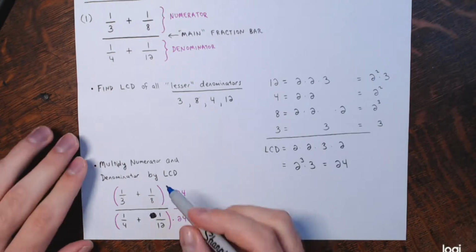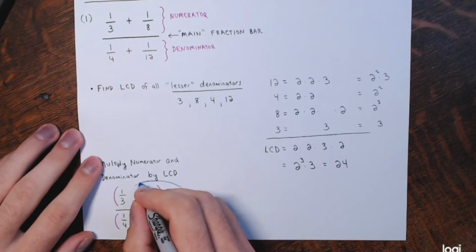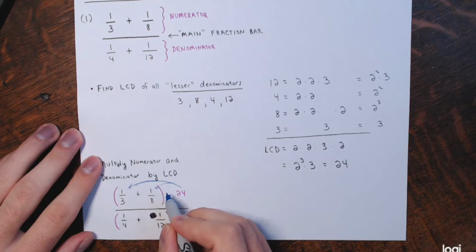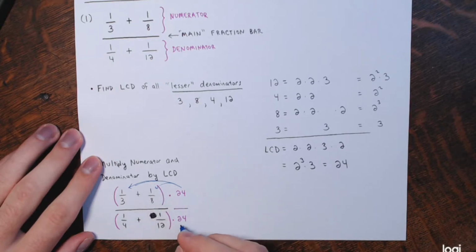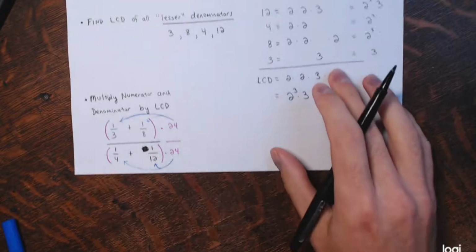So watch what happens here. There are multiple terms, right? So I'm multiplying the 1/3 by 24. I'm also multiplying the 1/8 by 24. That's the numerator. And then in the denominator, I'm multiplying the 1/4 by 24 and the 1/12 by 24. And I'll write all this out here, and we'll continue this downward.